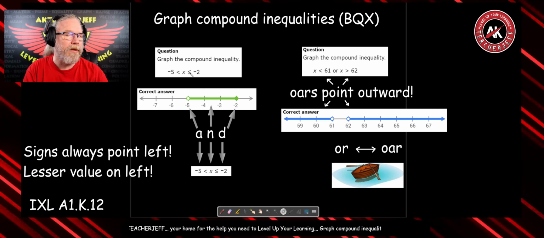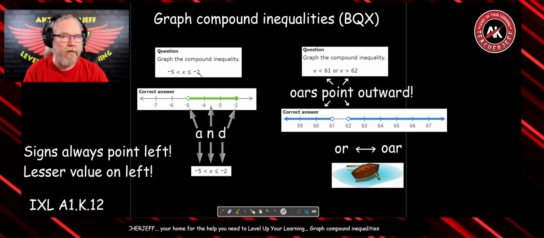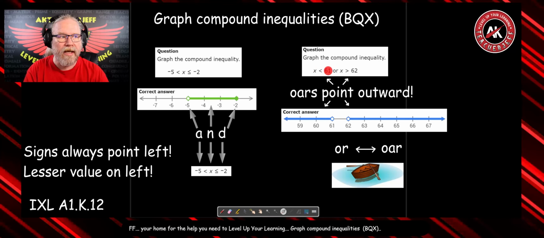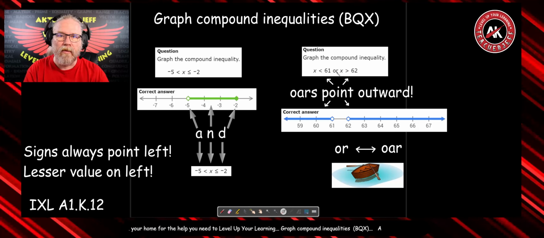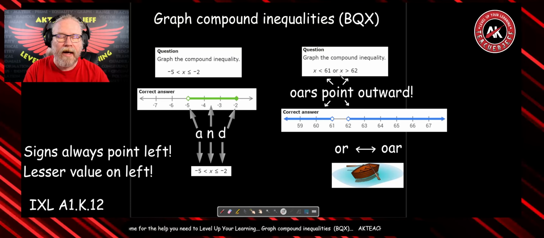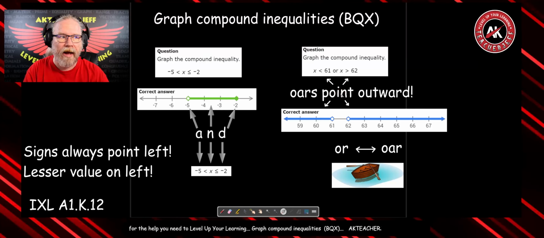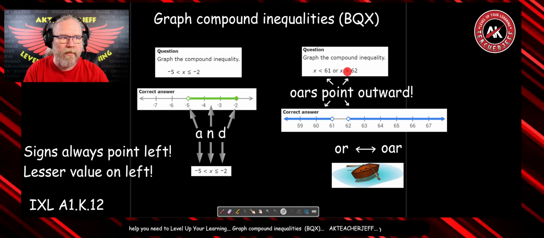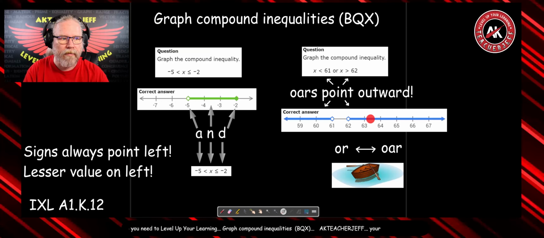Over here, sometimes they'll put the word "and" in there, and we'll look at some situations like that. But usually an AND statement's written like this, but an OR statement has the actual word "or" in the statement itself. And the thing about it is the oars always point outward. Whenever it's written like this, notice that the symbols are pointing outward, just like the oars are pointing outward.